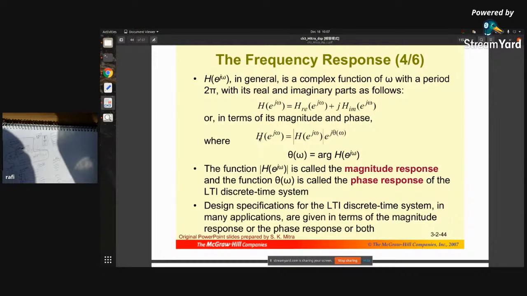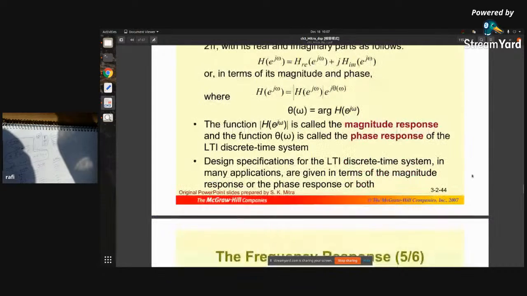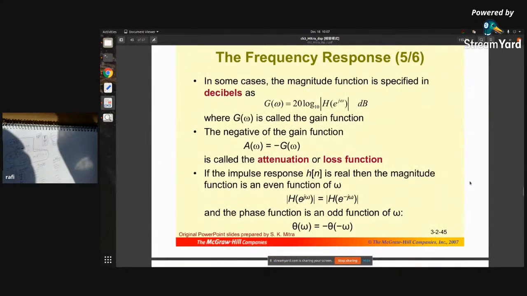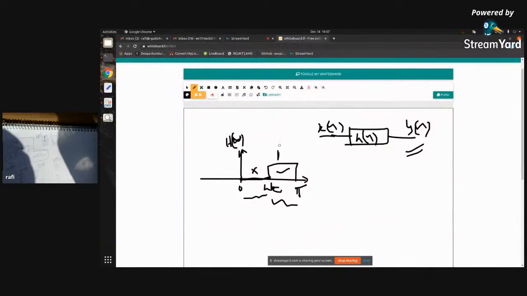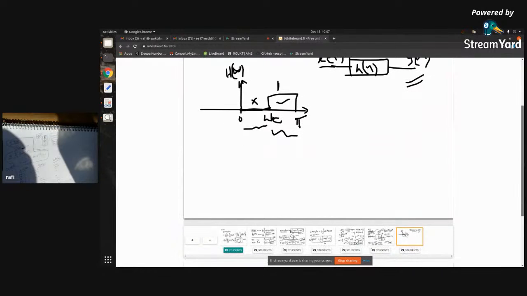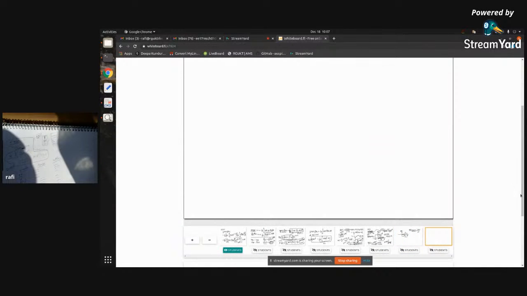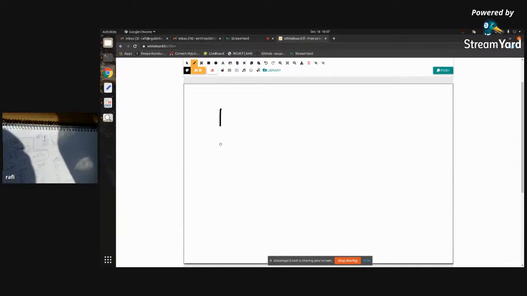Since it is a complex quantity, it has a magnitude response and a phase response. And for this magnitude response, there may be very minor variations in the magnitude in some cases, where the magnitude response will be something like this.